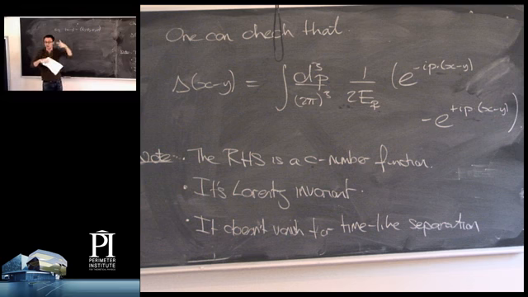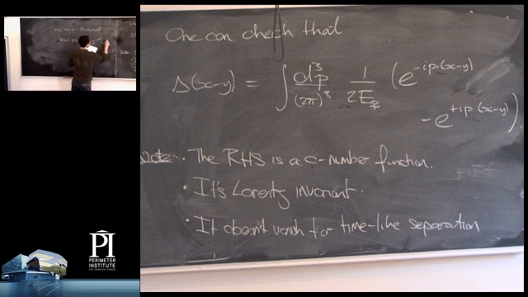Certainly, measurements done at O1 can interfere with measurements done at O2. So if we evaluate the following, you can see that it roughly takes the following form. So it's not equal to 0.